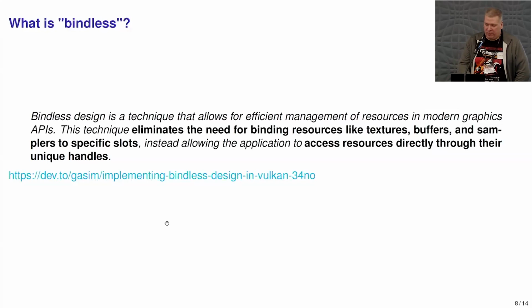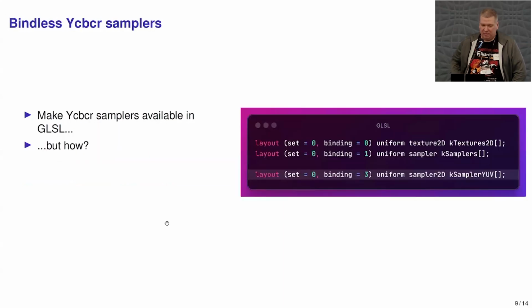So how do we combine these two things, bindless and immutable samplers? Let's first think about how we usually do bindless in GLSL. We declare an array of textures, texture2D. We can declare an array of samplers. Those two arrays contain all of our textures and all of our samplers, and we can index them using non-uniform indices, just integer values.